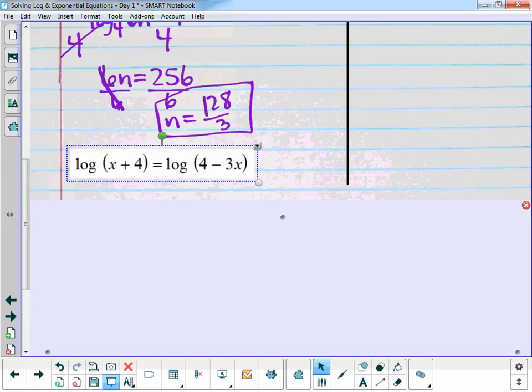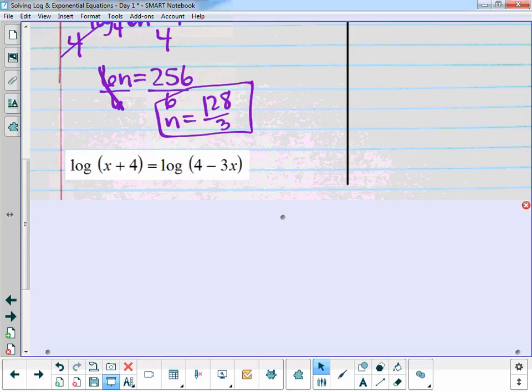So what if we have log of x plus 4 equals log of 4 minus 3x? So what if it's an equation like this?